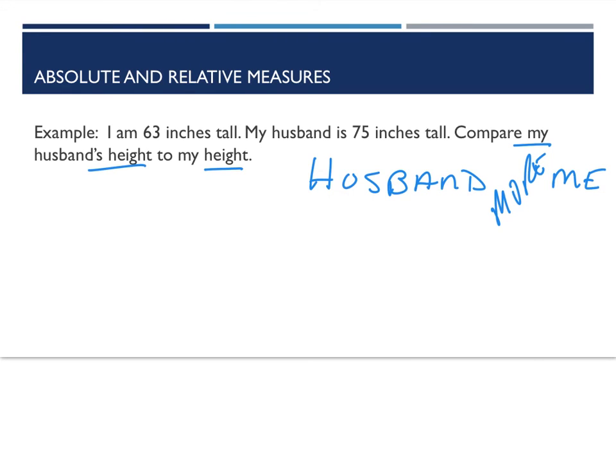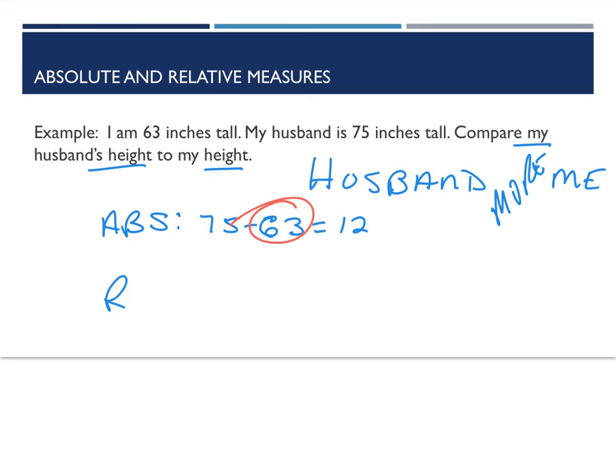That implies a positive. So when I do my absolute, he is taller than I am, needs to get a positive answer. And the absolute answer is the same. If I'm a foot shorter than him, he's a foot taller than me. But it does change the reference value.